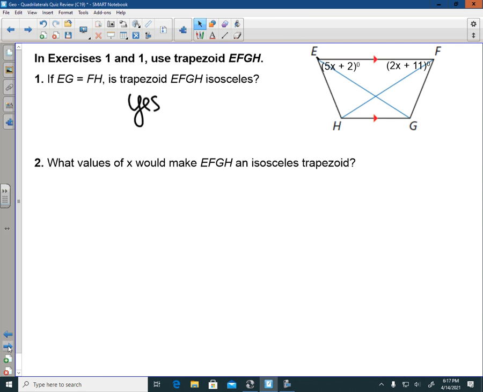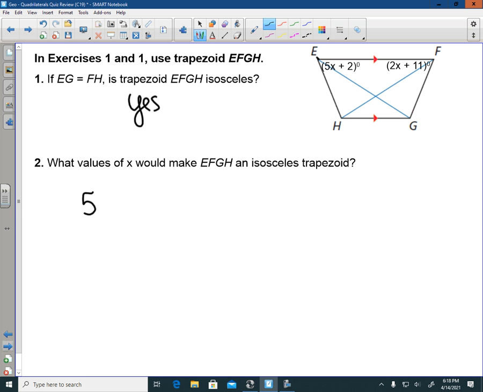The second part says, what values of x would make EFGH an isosceles trapezoid? Well, we know from another theorem that in order for a trapezoid to be isosceles, the base angles have to be congruent. And so let's find the value of x that makes those two measures the same.